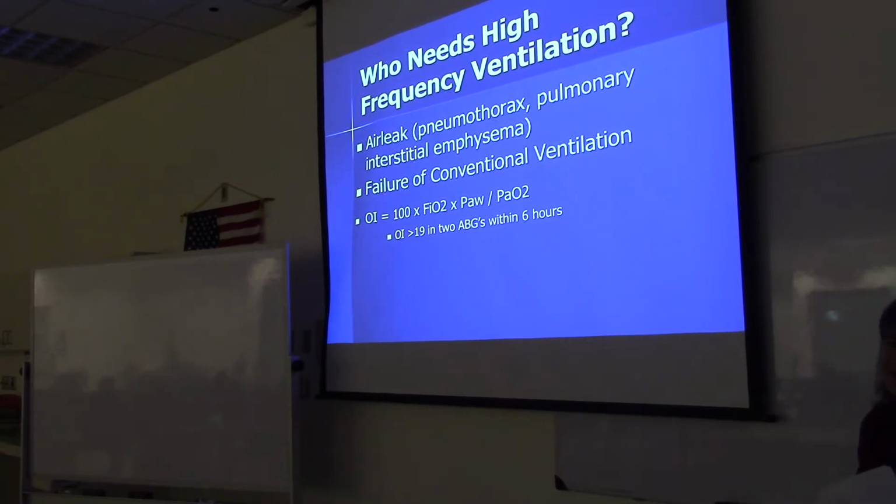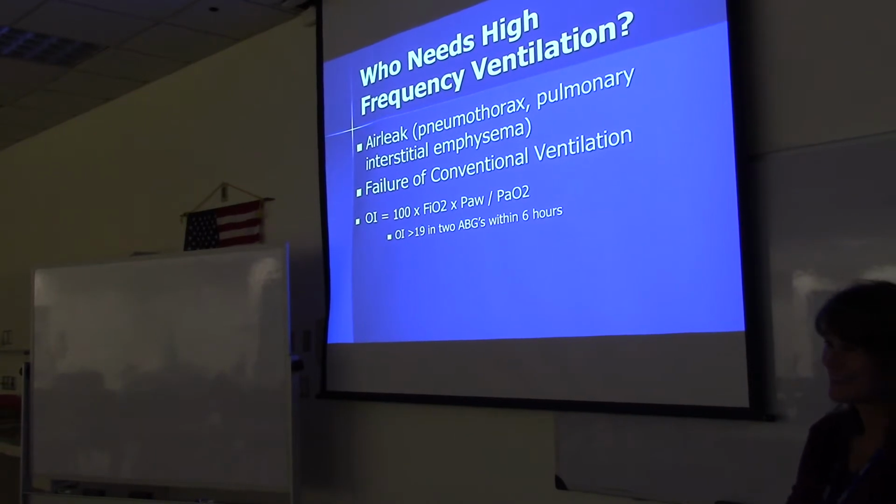So FiO2, 0.21, times mean airway pressure, 10 centimeters of water, divided by a PaO2 of 100, and then multiply by 100. It comes out to 2.1. All right, so a normal oxygen index is about 2.1.